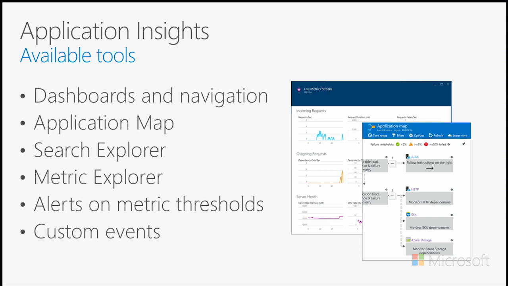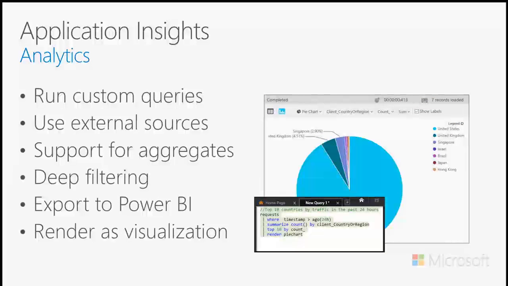The one that I love, though, is the ability to have custom events, and we'll look at that too. Custom events makes it easy for us to start tracking user activity. This is similar to HockeyApp or some other scenarios where we can say, I want to know what their path is, or I want to know how often users are using this feature, and they can add custom events or custom metrics to it there.